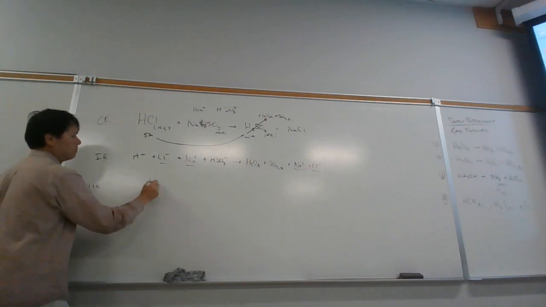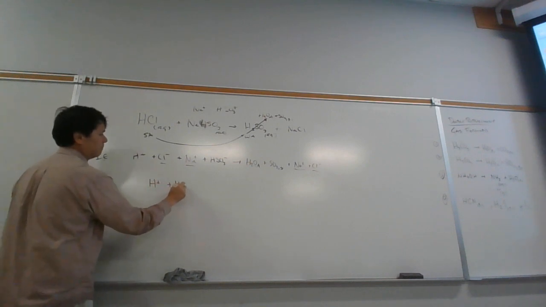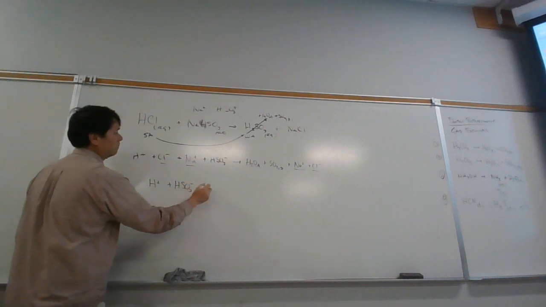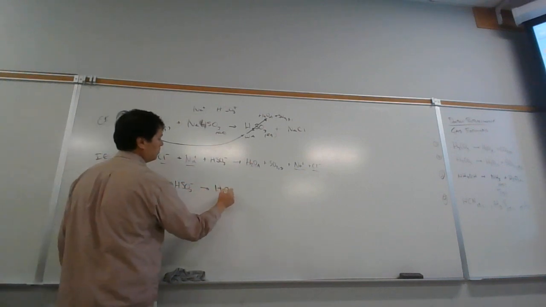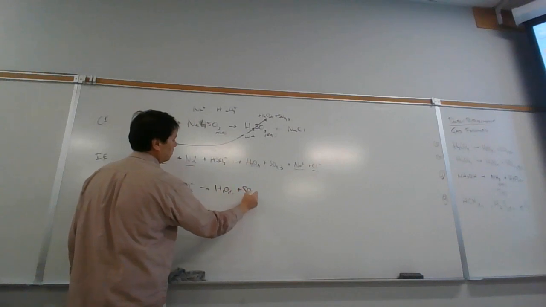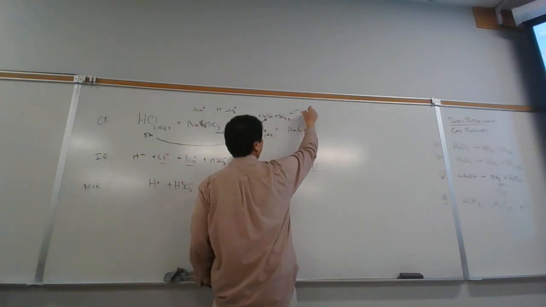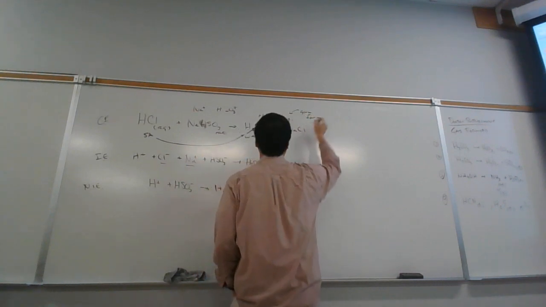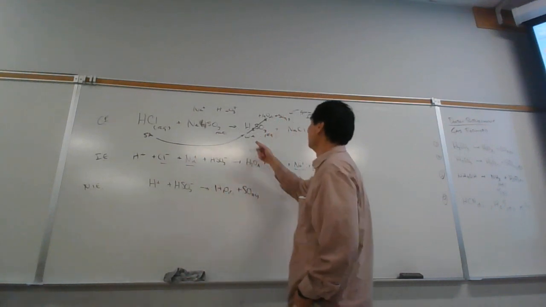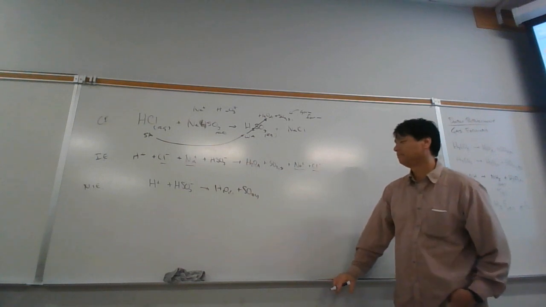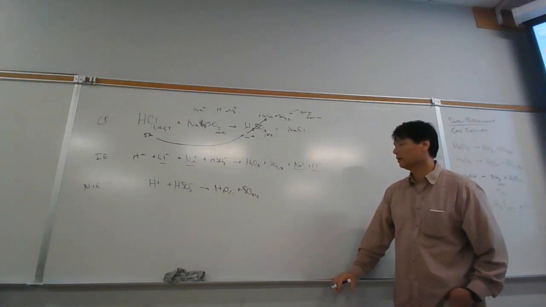Okay. So this is going to effervesce. Now we'll have gas formation here. Also, we're going to have stronger acid, weaker acid. And so this would be the net ionic equation here.